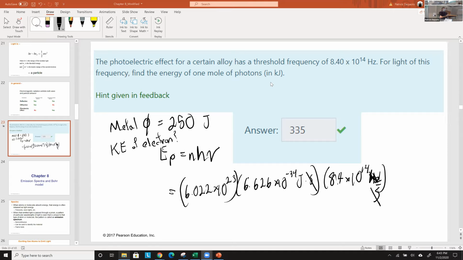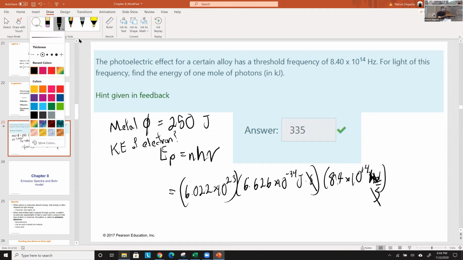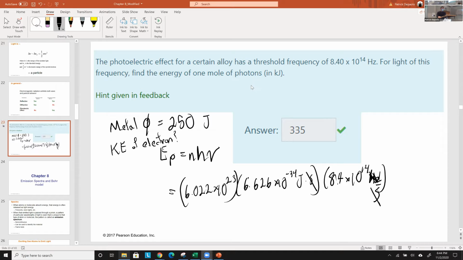So you take the total energy of the photons that are shining on the metal. Subtract the energy that's needed to kick off the electrons in the first place, which is 250. The remaining is going to be the kinetic energy of the electrons. Not the kinetic energy of each, but yeah, 335 minus 250, what does that equal? 85. All right, so that's 85 joules.